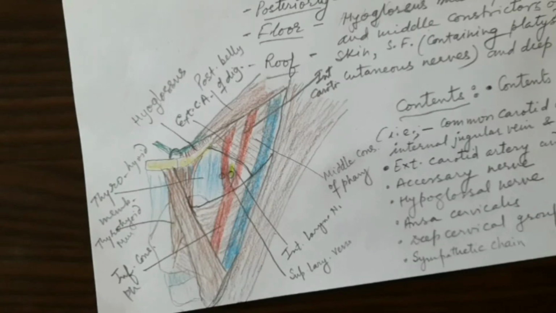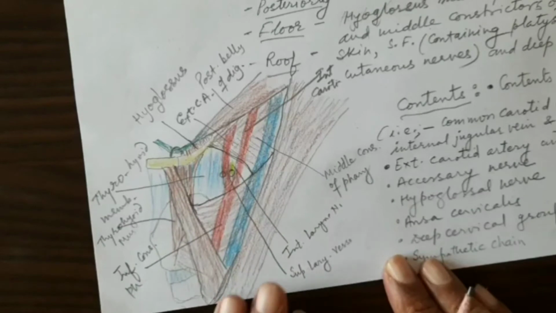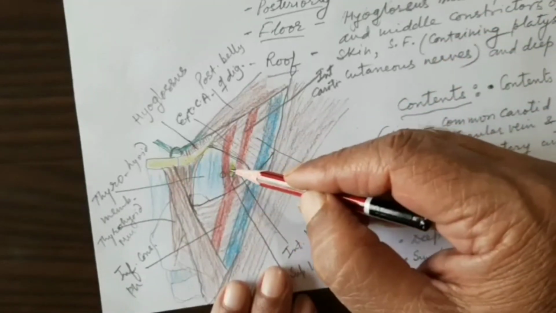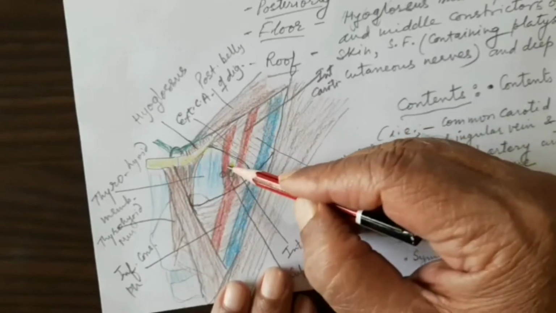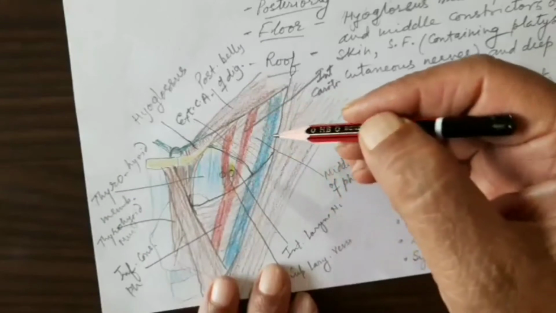Okay, now from this external carotid artery many branches will come out, and in the last video I have shown you the branches. I am not going to draw many here because it will complicate the diagram.